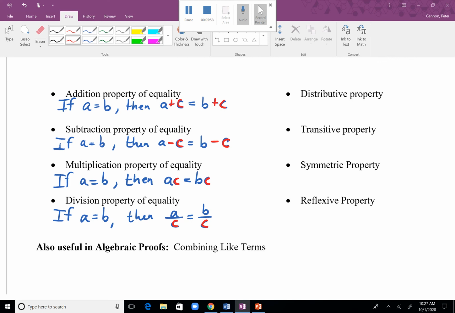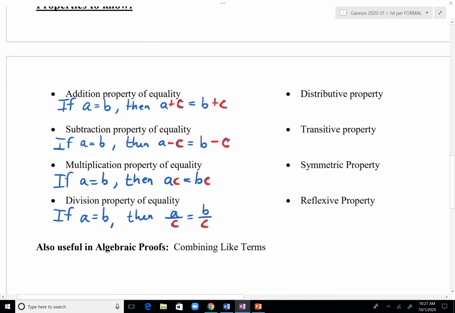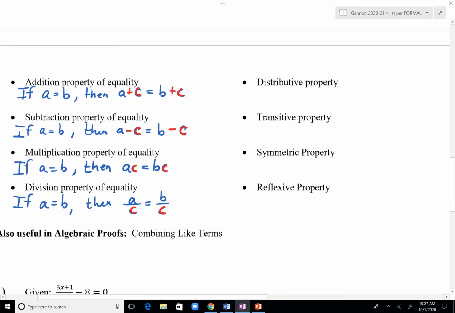All right? We have some other properties, the distributive property. So the distributive property basically says if we have A times B plus C, that is going to equal A times B plus A times C. All right?